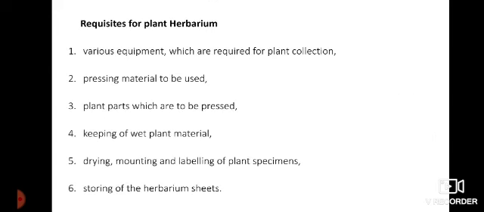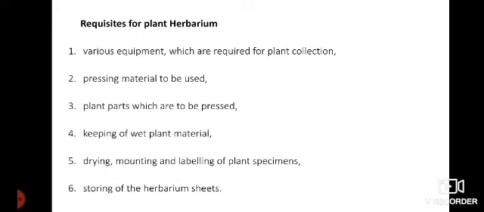What are the requisites for the plant herbarium? The main requirements for the construction of a plant herbarium include various equipment required for plant collection. After collection, the material has to be pressed, and the pressing material is very important.